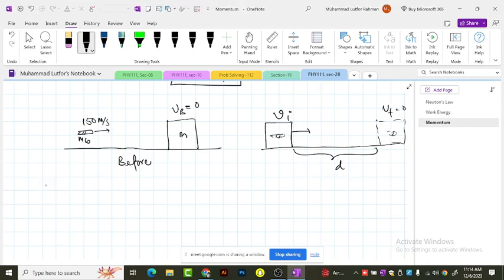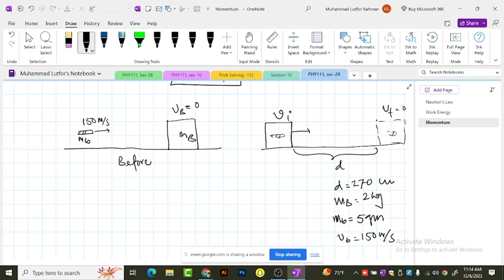Fine. To solve this one, some other information is given. This d is given, which is 270 centimeter, and the mass of this block, capital B for block I'm using, is 2 kg, and the mass of the bullet, which is small b, is 5 gram, and the speed of that bullet is 150 meters per second.